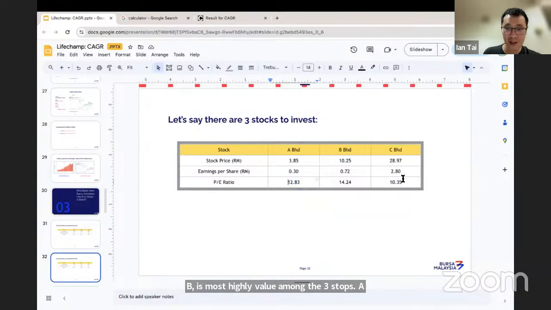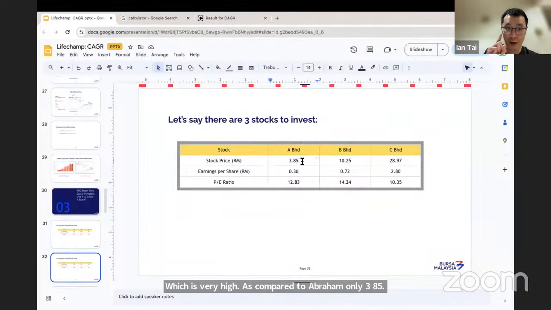Okay. So this is actually the key difference between an investor versus other people. Because if it's other people, they will say C Berhad is very expensive because the stock price is 28.97, whoa, which is very high as compared to A Berhad, only 3.85. So don't get confused.